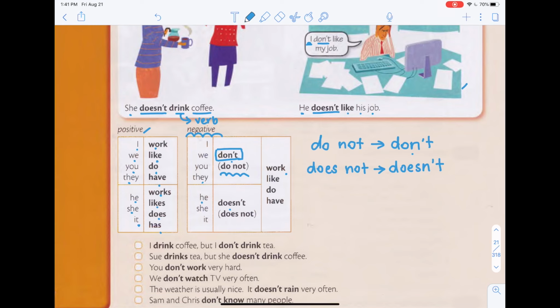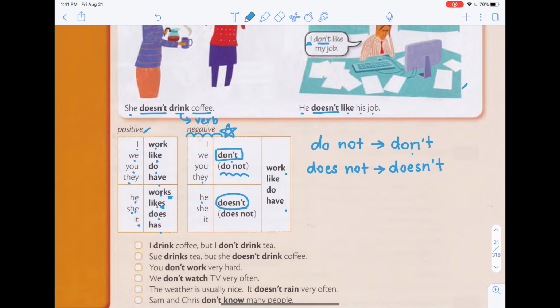Do you notice? In positive, when you are saying he, she, and it, remember you have to have s or es behind the words. So he works, she works, it does, it has. But in negative form, because you are already using the word doesn't, you do not have to have any s or es behind the verb.